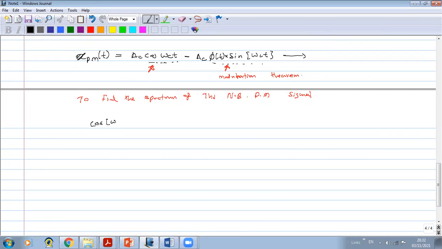The Fourier transform of cos omega c t we can write as delta omega minus omega c plus delta omega plus omega c. Can you remember? Let me verify it.